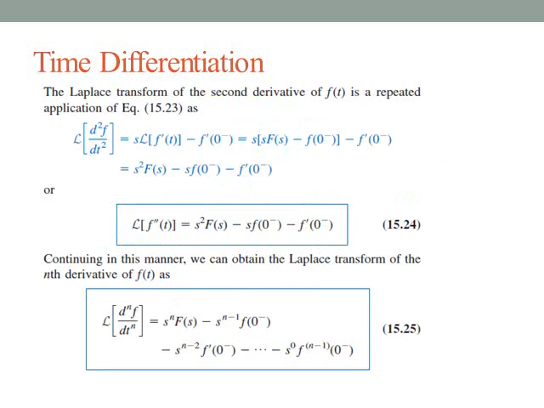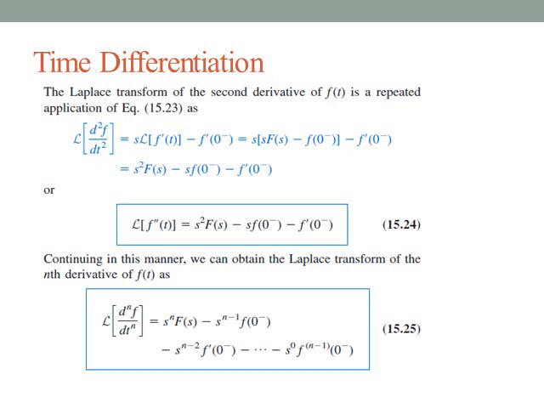Similarly, we can have a second derivative, third derivative, fourth derivative, any degree of derivatives. The final generalized equation is 15.25, where, if n is the degree of derivative, we'll have s raised to power n f of s, then s raised to power n minus 1 f of 0 minus, s raised to power n minus 2 f derivative 0 minus, and so on.